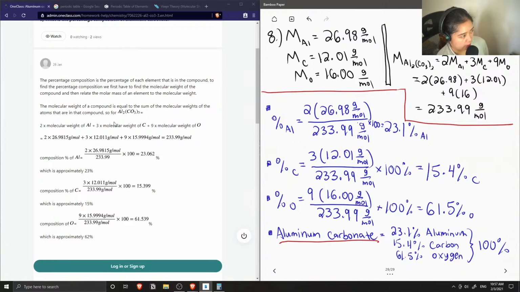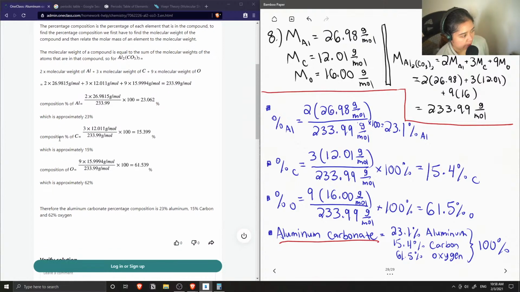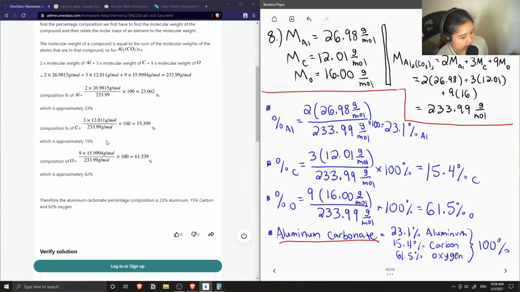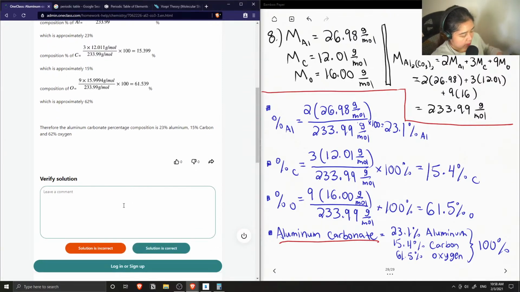So for aluminum carbonate, we have 2 times the molar mass of aluminum plus 3 times the molar mass of carbon plus 9 times the molar mass of oxygen to give 233.99 grams per mole. So they have the percent composition of aluminum equal to around 23, carbon's is around 15, and oxygen's is around 62. Okay, so this solution is correct.